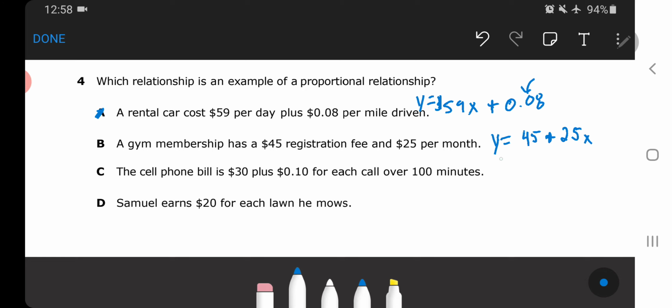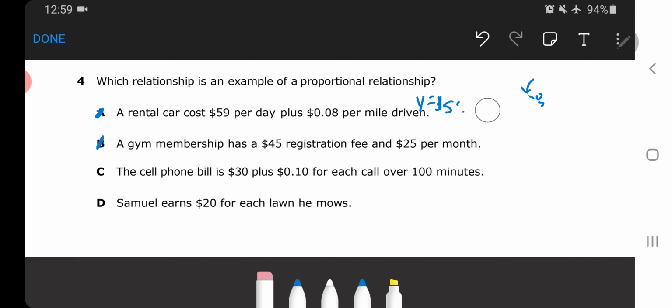Once again, that just looks a little bit different than our normal form of mx plus b, but I can go ahead and switch that around to make it look like that. And once again, you can see that our B is not equal to 0, because just to get in, we have to pay money to begin with. So we don't have 0 months, $0. So once again, it is not a proportional relationship.